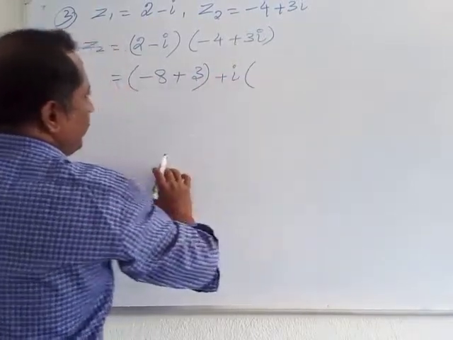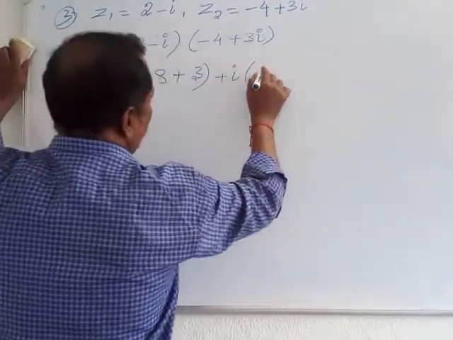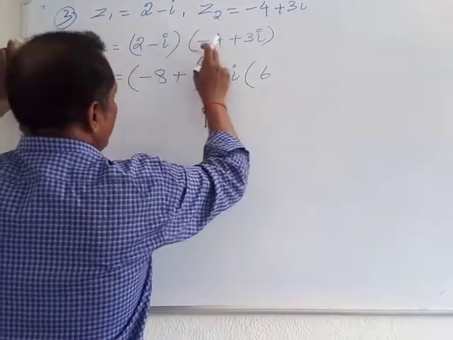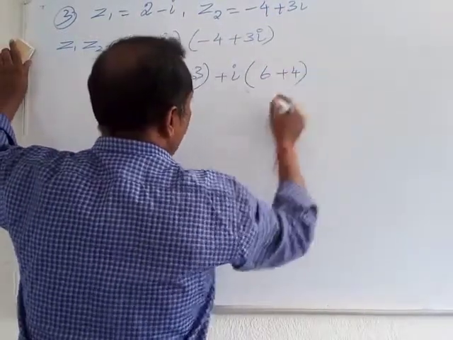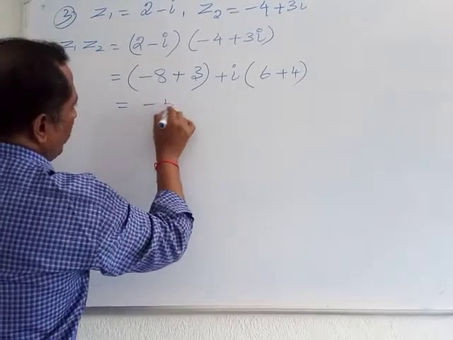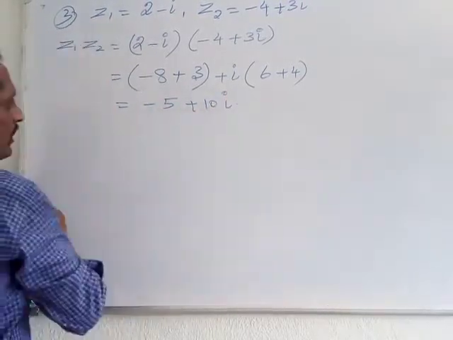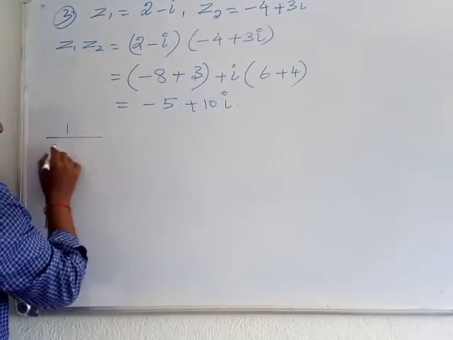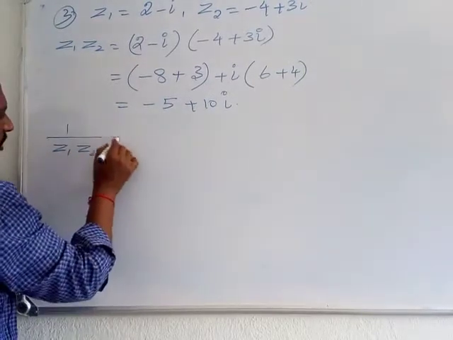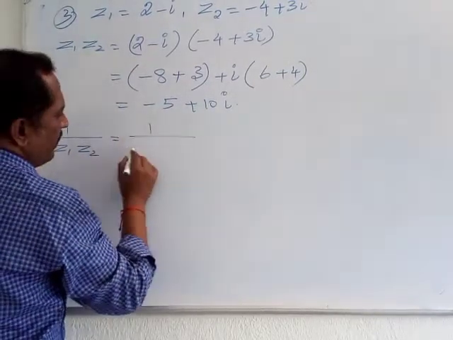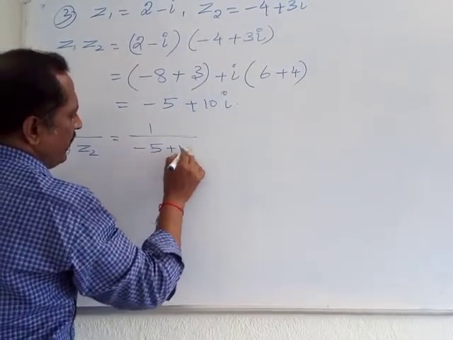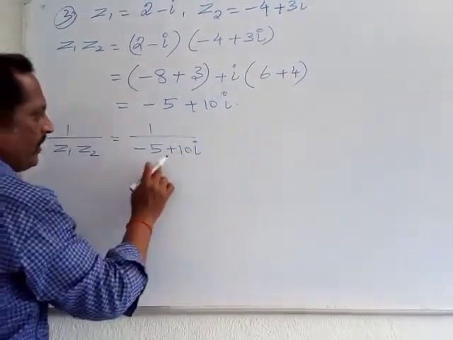Plus i into the imaginary part: 2 threes are 6, minus 1 into minus 4 is plus 4. So this is equal to minus 5 plus 10i. This is z1 into z2. So 1 divided by z1 into z2 is equal to 1 divided by minus 5 plus 10i.